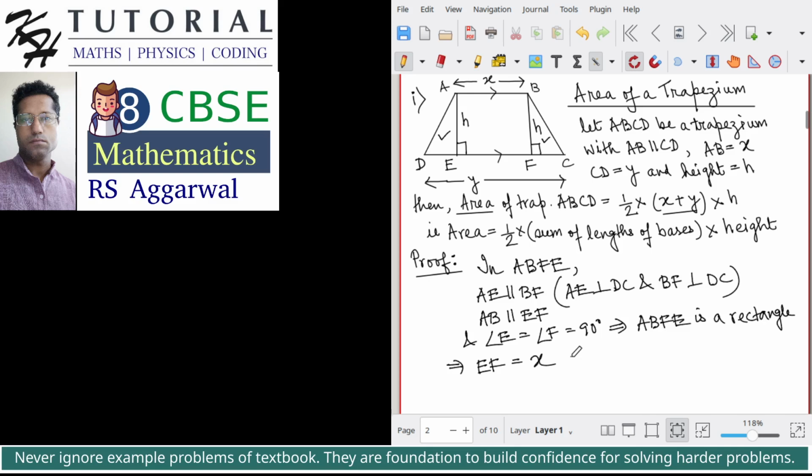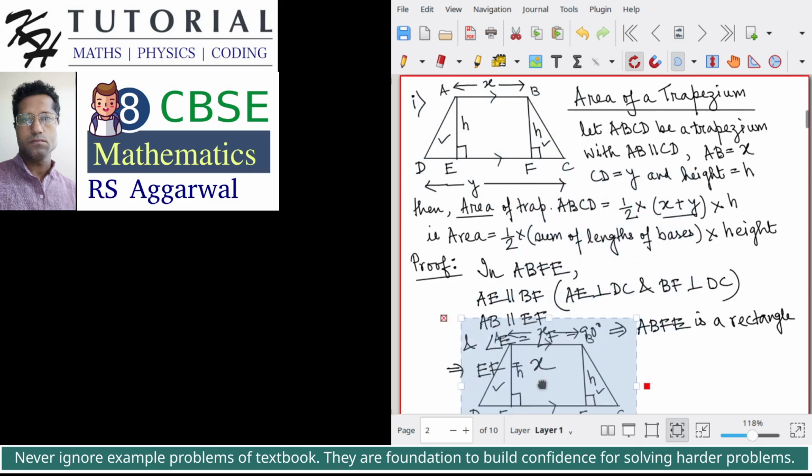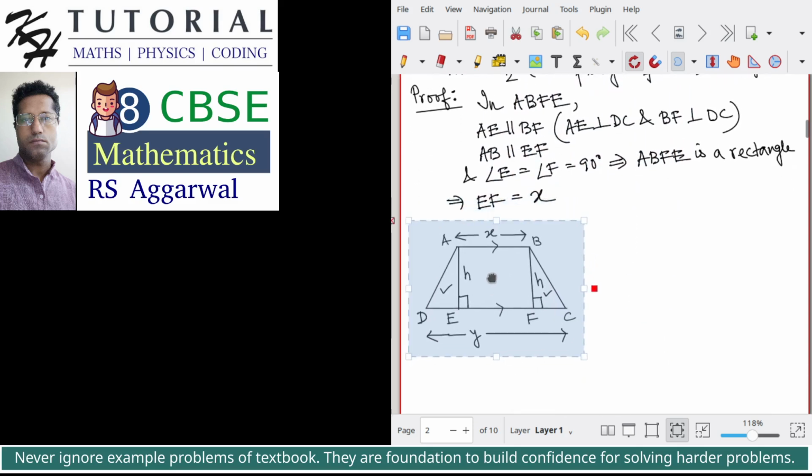Okay. Now for reference, let me create a copy of this figure, so that while I am discussing, it will be easy for me to refer. So this is the figure.